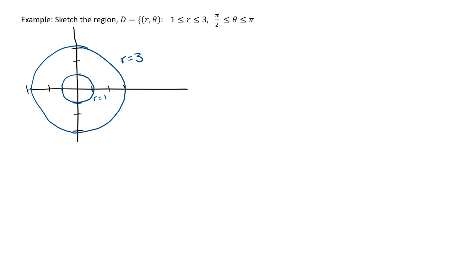So this region is telling me the r values lie somewhere between 1 and 3, so this kind of donut shape. And then the thetas are between pi over 2, which is my 90-degree angle, and pi, which is my 180-degree angle. And so let me just shade in the region we're talking about. So we're talking about this kind of portion of this donut shape in the second quadrant. So that's the region that's been described by that r and theta.